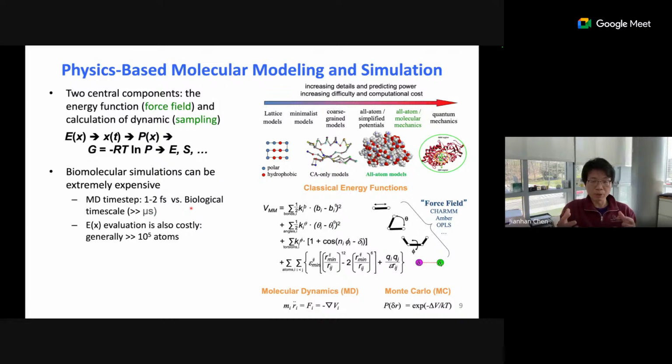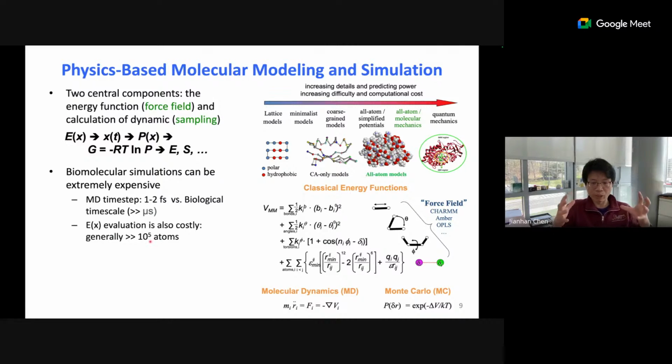But many phenomena we want to study occur on biological time scales much greater than microseconds. So this means that in order to simulate the system, we need to run billions or trillions of steps. Then at every step, we need to calculate the force on each of the particles in our system, right? You need to evaluate this energy function.